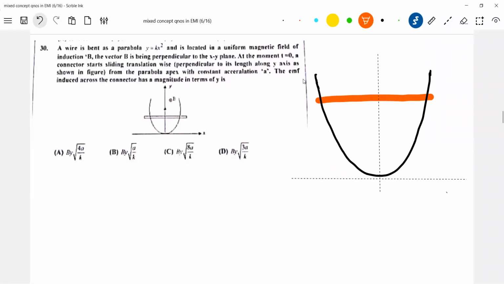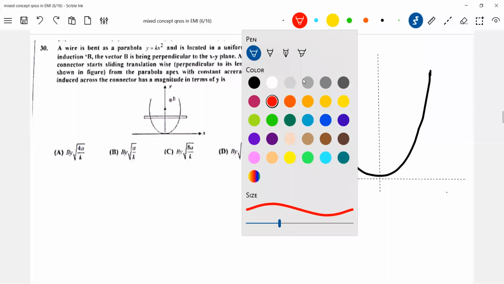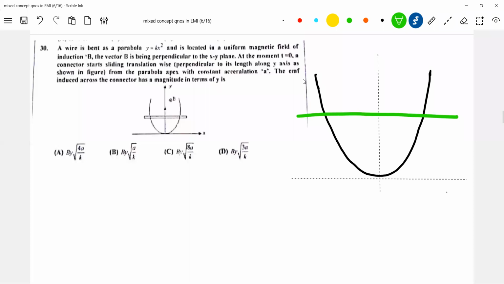Okay, thin rod. Okay, get into the problem.